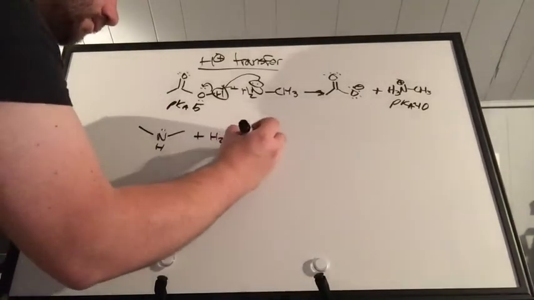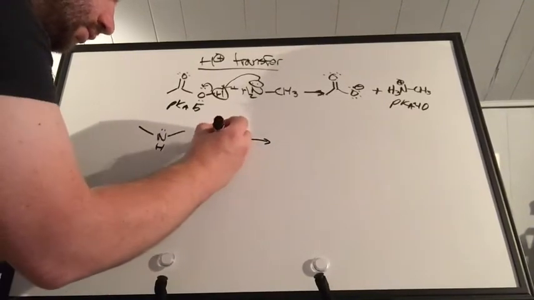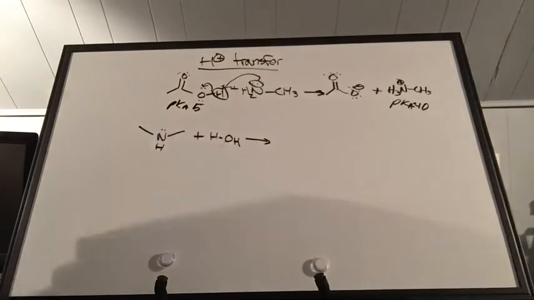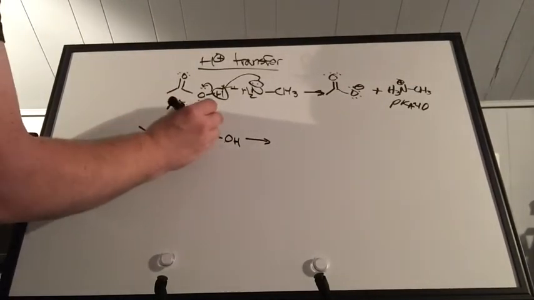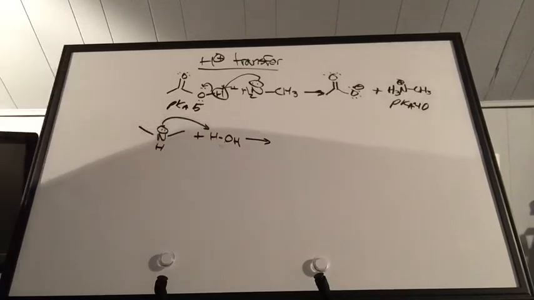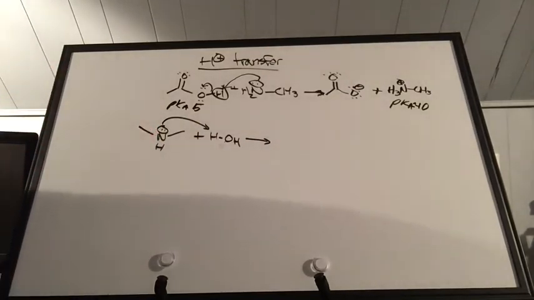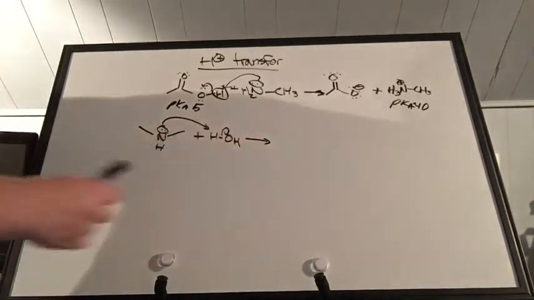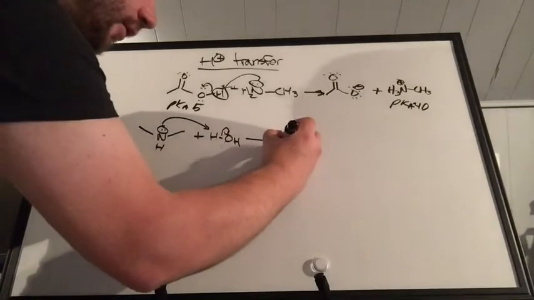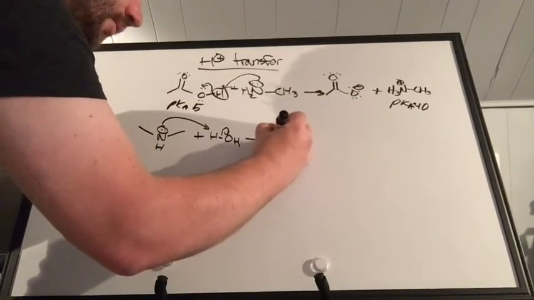In the coordination step, the lone pair from this disubstituted amine is going to pick up that hydrogen, and then you're going to have OH minus.